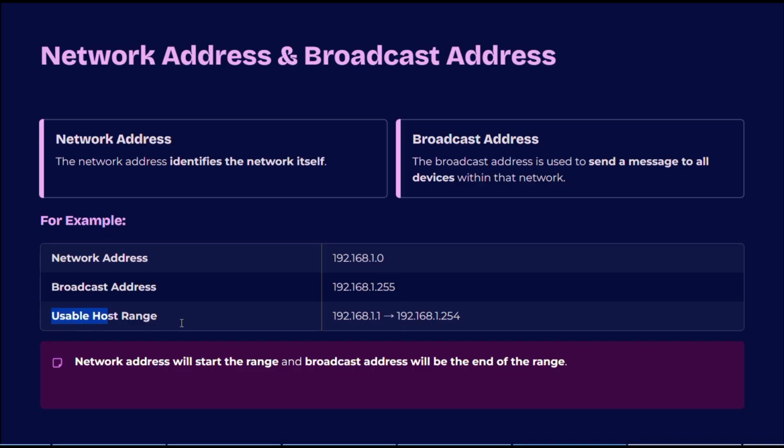Then the usable host range of IP addresses becomes 192.168.1.1 to 192.168.1.254. So the network address will start the range and the broadcast address will be the end of the range.